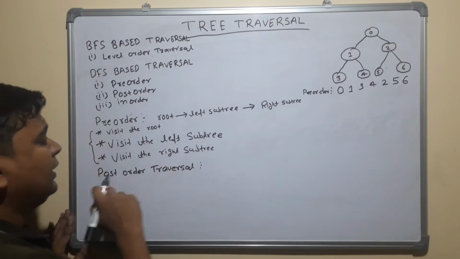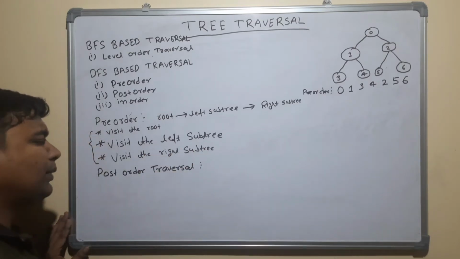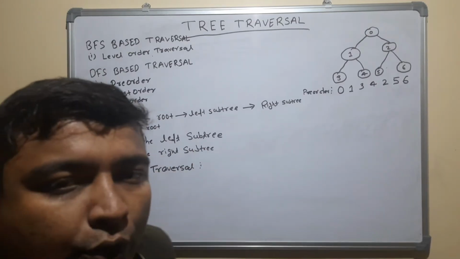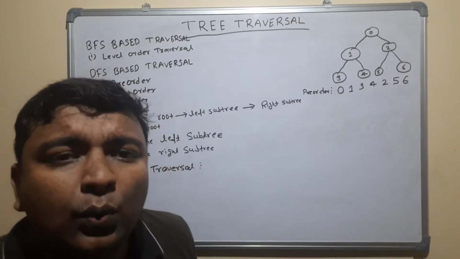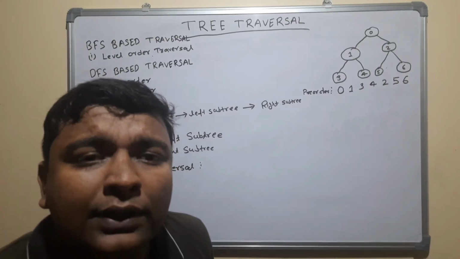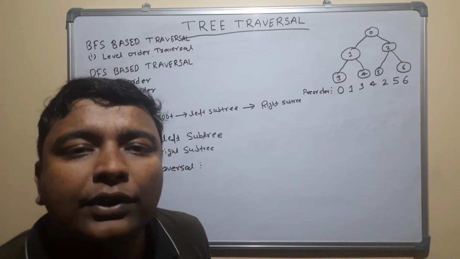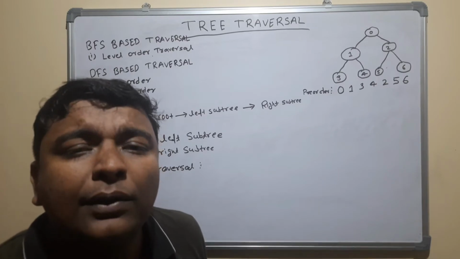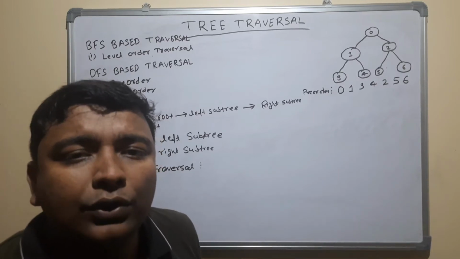Postorder, its name also tells what it is. In postorder traversal, the root will be processed after both subtrees have been processed.